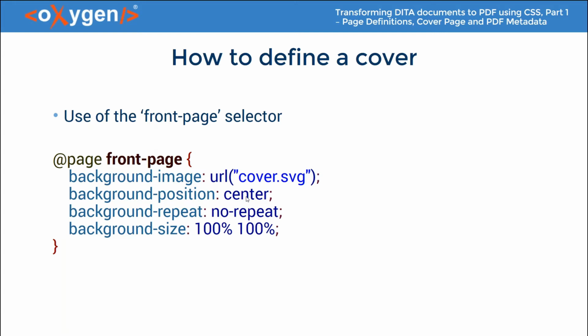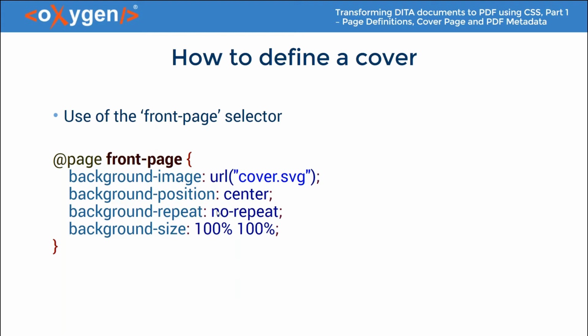So the cover should be equally split on the left side and on the right side. Like this, the image will not have blanks or be cropped by my PDF viewer. The third rule is the background repeat property.